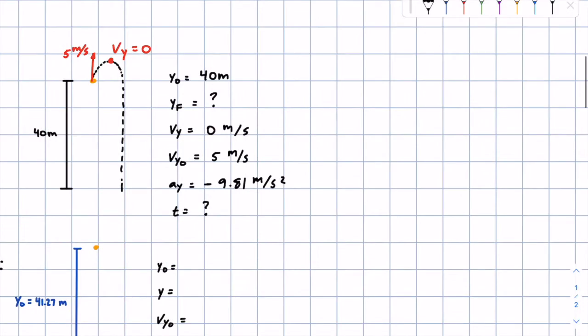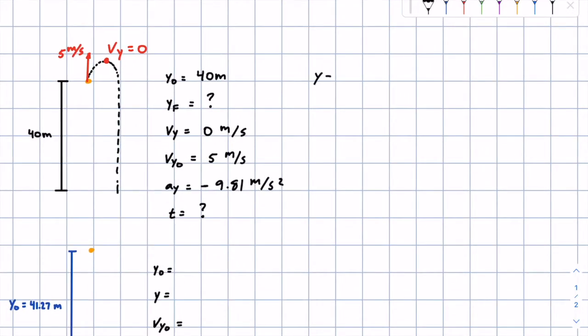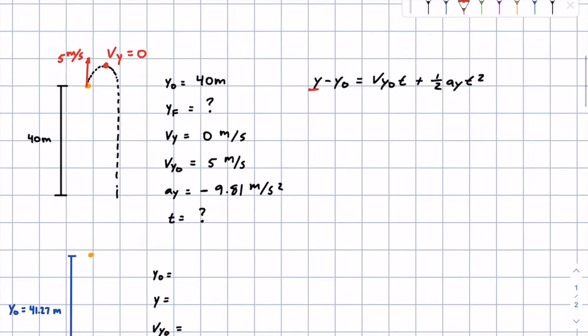So let's go into the short and the long equations. I always like to start with the long, so we're going to do that. y minus y naught is equal to v y naught t plus 1/2 a y t squared. Now let's see what we know here. We don't know final y. We do know initial y, that's 40.